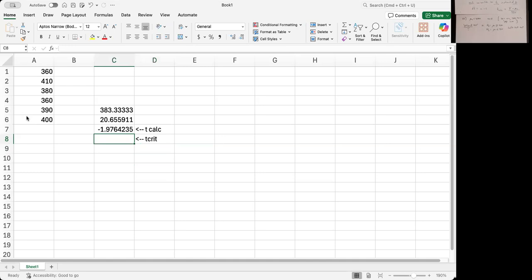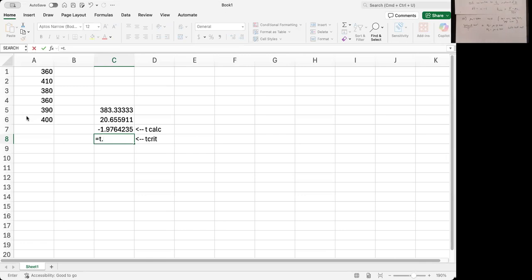To do the critical one, I need to ask it, hey, if I wanted a 10% area with the degrees of freedom being 5, because degrees of freedom is one less than the number of things, I could say I want the inverse.